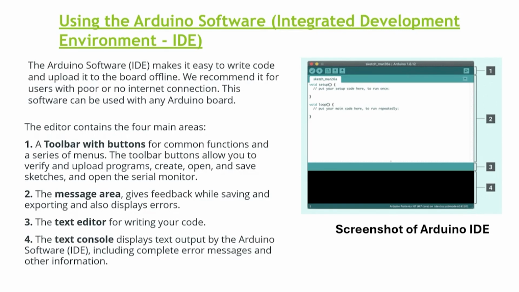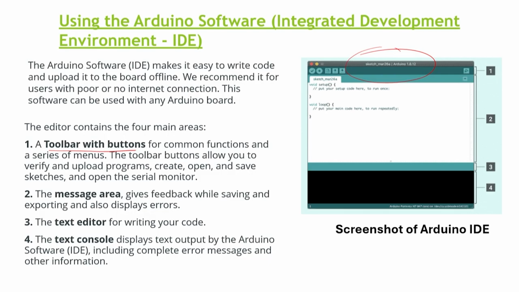If you open up the software, you are going to see that the editor has some important areas to work on. First of all, it has a toolbar with buttons, which has all common functions, and a series of menus. The toolbar will allow you to verify and upload programs, and create, open and save sketches.